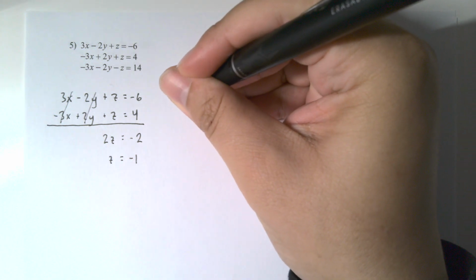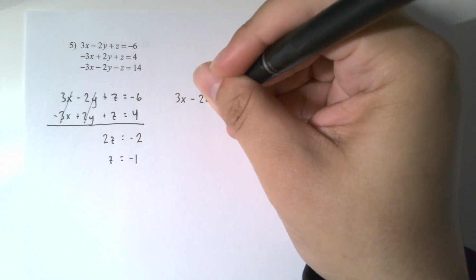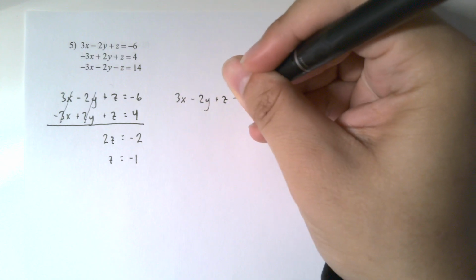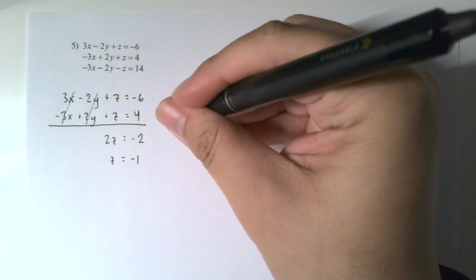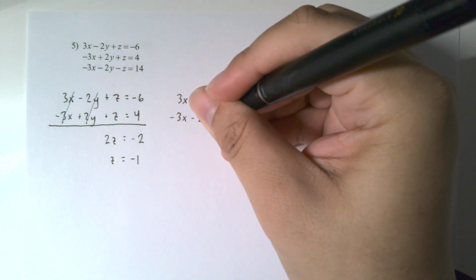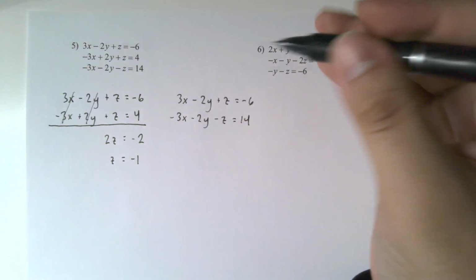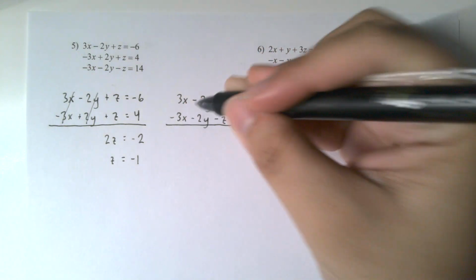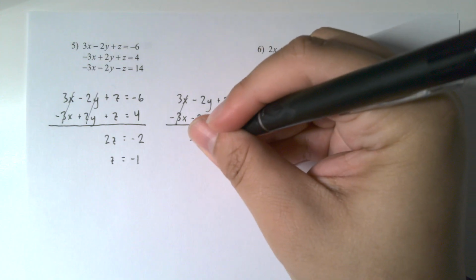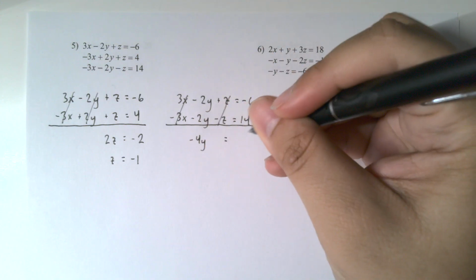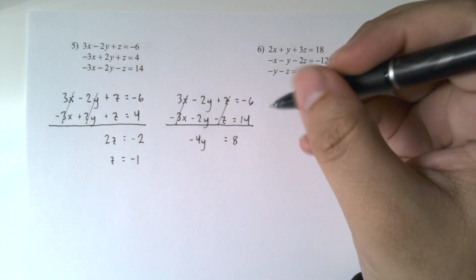So the first equation, 3x minus 2y plus z is equal to negative 6, and we add it with the third equation, negative 3x minus 2y minus z is equal to 14. As mentioned, the x's will cancel and the z's will cancel. This gives us negative 4y is equal to positive 8, because negative 6 plus 14.